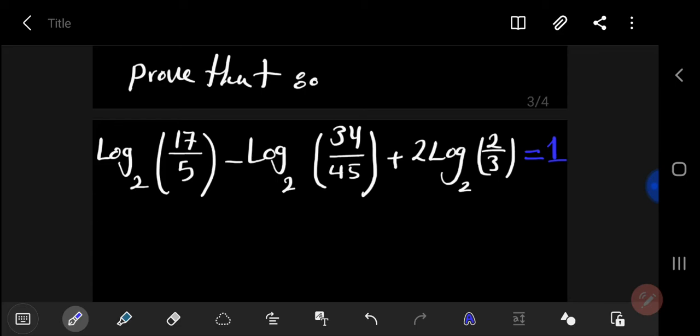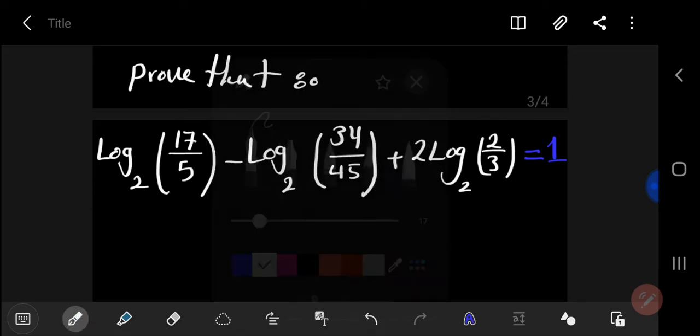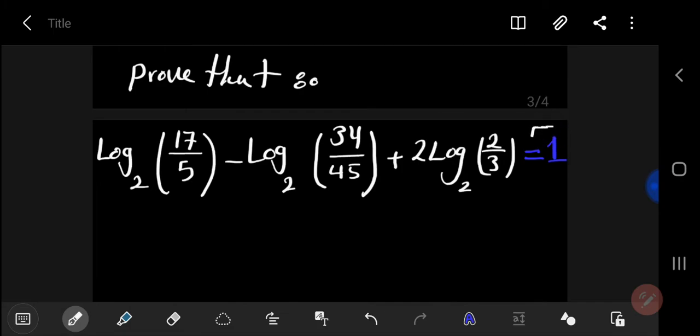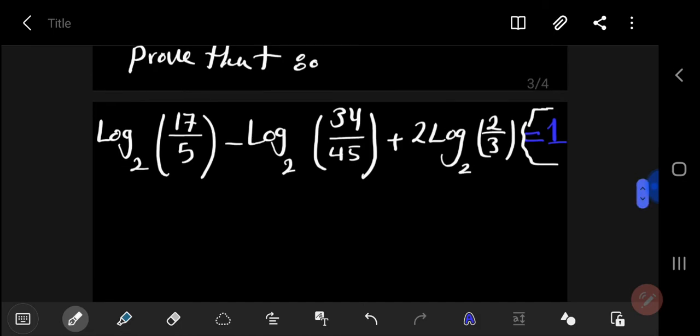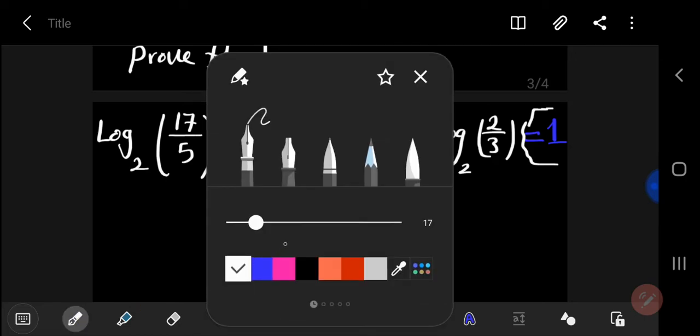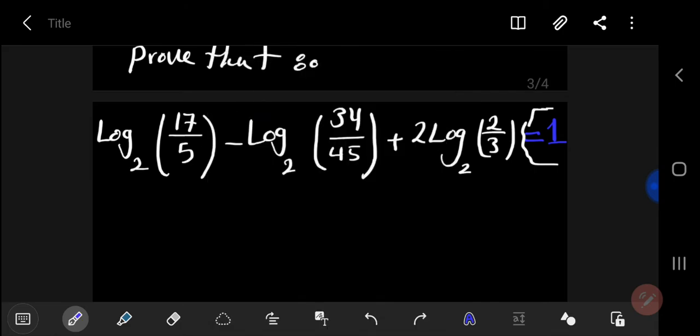I will take the left hand side and solve it. It must equal the right hand side, which is 1. What can I do with the left hand side? The first thing I can do is take the number here and move it as a power.